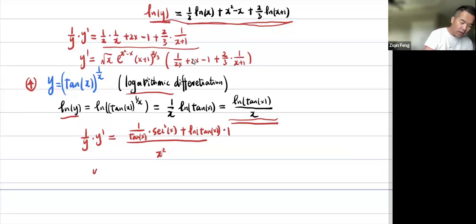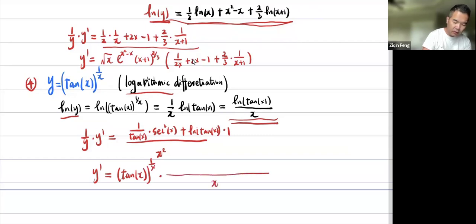So you get y prime is what? It is y, which is tangent of x to the power 1 over x, times this big function we just found: over x squared, 1 over tangent of x times secant squared of x plus natural log of tangent of x.